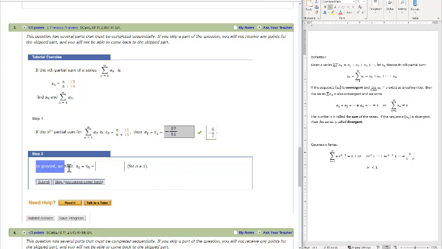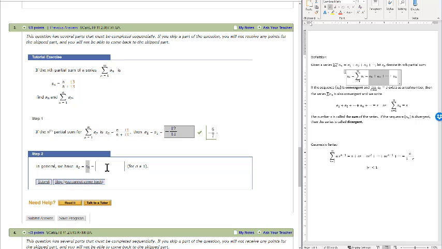Alright, so in general, if we want the a sub nth term, we want the sum. So the sum, s sub n, will add up all the terms up to a sub n. Now, if we want to recover a sub n, then we essentially would add up all the terms up to, but not including a sub n.